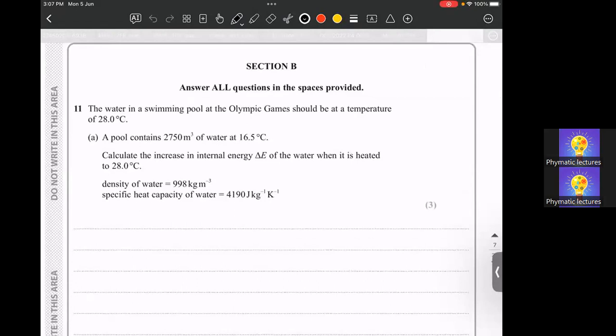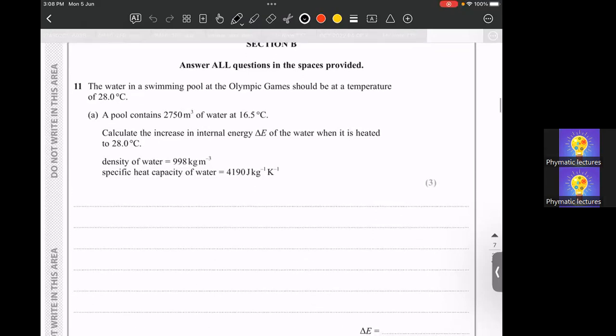Question number 11. Water in a swimming pool at the Olympic Games should be at a temperature of 28.0 degrees Celsius. A pool contains 2750 meter cube of water at 16.5 degrees Celsius.